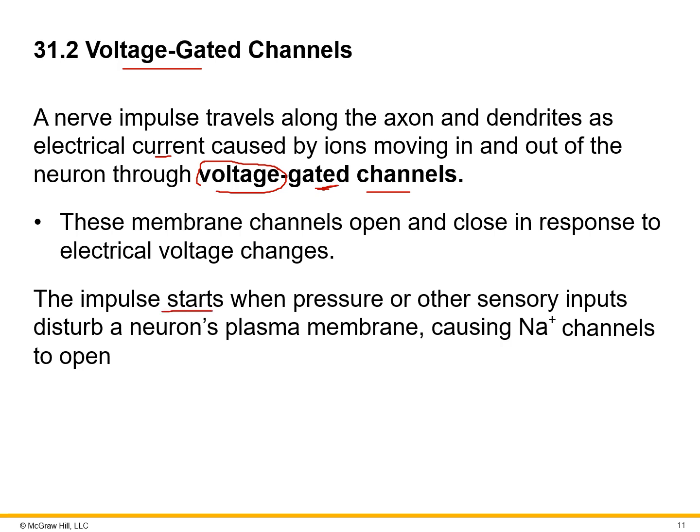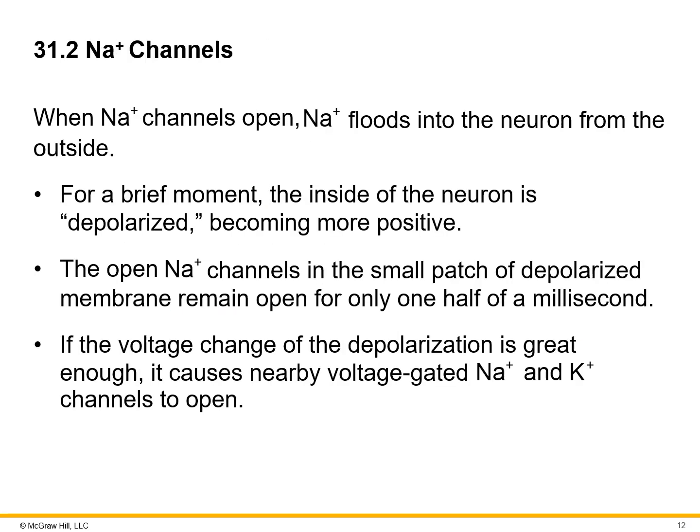So the impulse actually starts when pressure or some type of sensory input disrupts that membrane potential, makes the inside a little bit more positive than it was, and that's going to cause these voltage gated channels to open up, and the sodium particularly opens and allows sodium to rush in to the neuron.